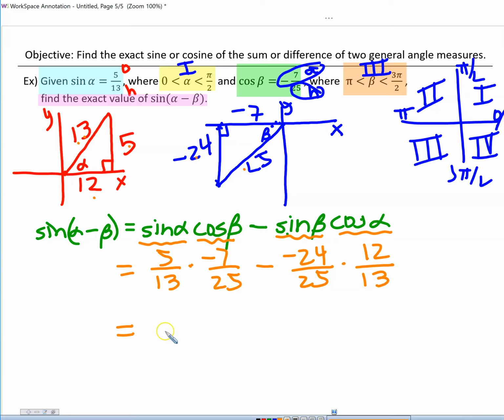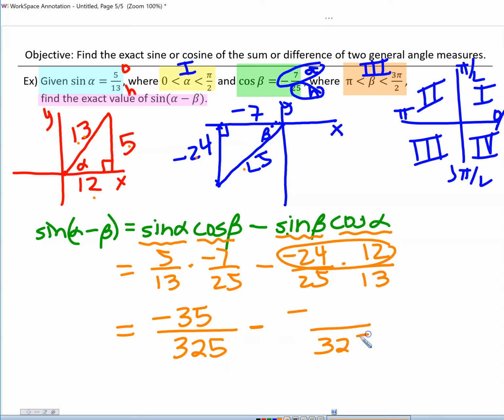So we're looking at negative 35 over 325. We have minus, and then this would be a negative, and this will be 325 also. And 24 times 12 is 288. So we get a negative 288.